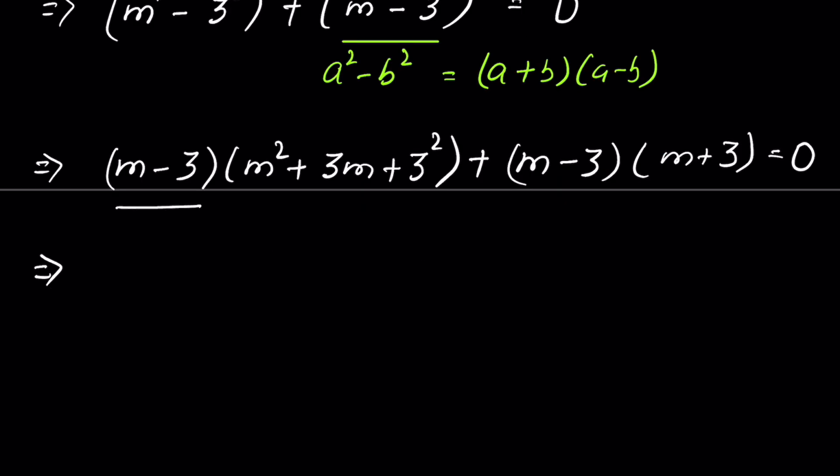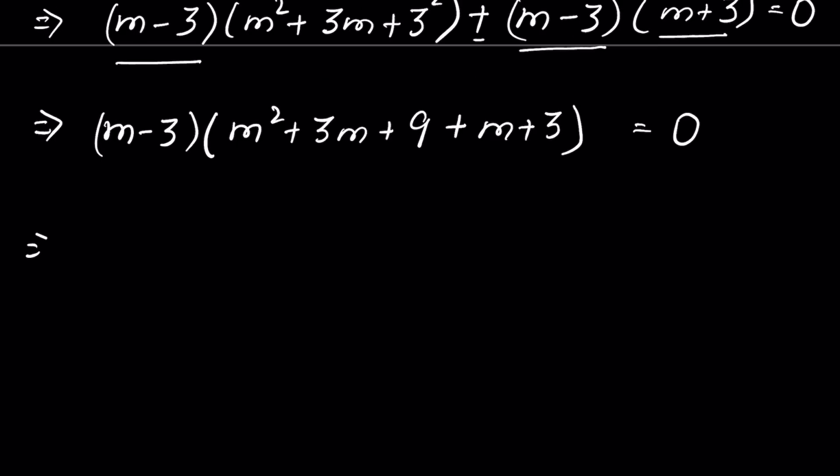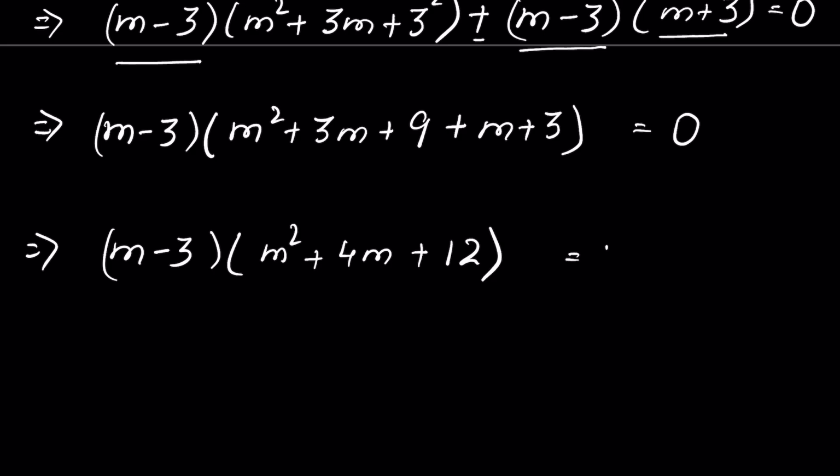Now m minus 3 is common here, so we can take m minus 3 times (m square plus 3m plus 3 square, which is 9, plus m plus 3) is equal to 0, or m minus 3 times (m square plus 4m plus 12) is equal to 0.